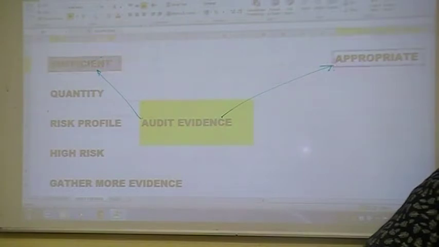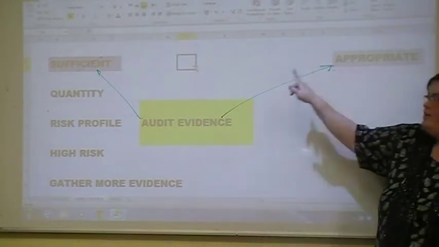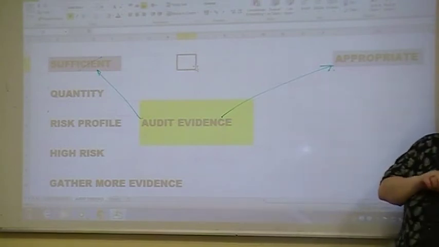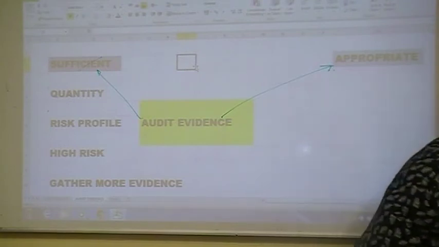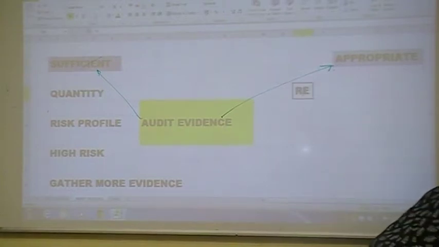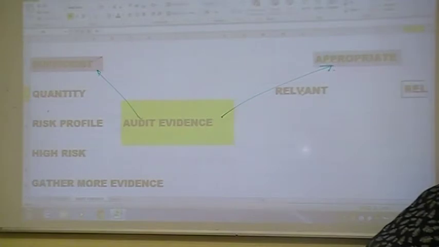And then we need to have appropriate. Okay, so this is what you're always getting. You're getting sufficient, appropriate audit evidence to back up all your findings for your audit. So your appropriate then actually falls into two categories. It must be relevant and it must be reliable.